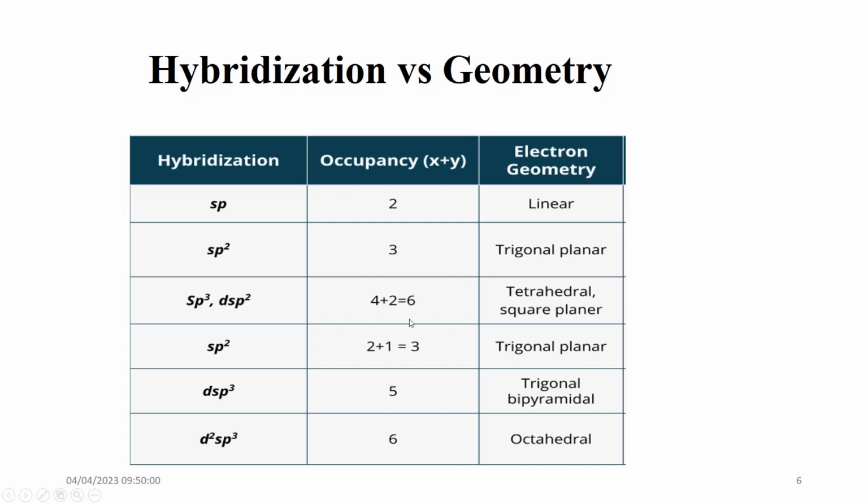We have dsp2, which gives square planar, sp3d, which gives trigonal bipyramidal, and d2sp3, which gives octahedral as well. In another way it can be written sp3d2, which also gives octahedral. That's why we have outer and inner complexes, and that is caused by this hybridization difference.